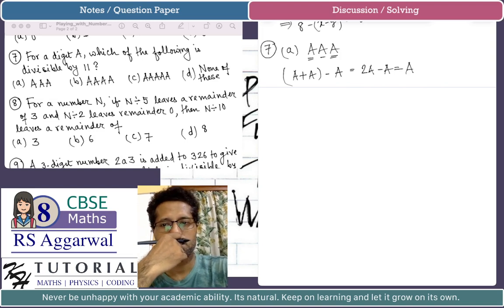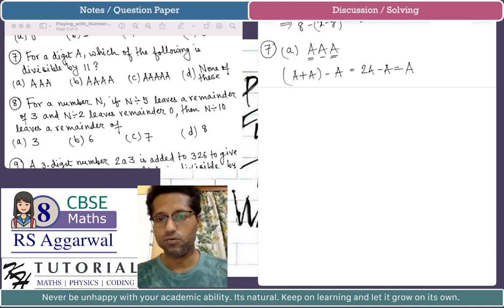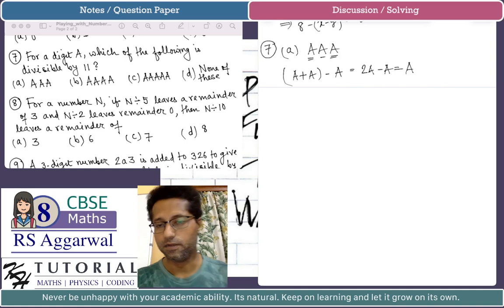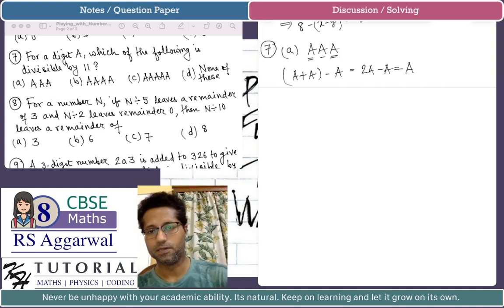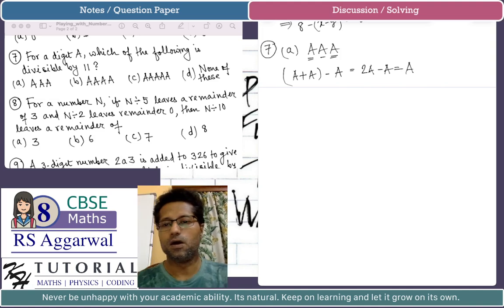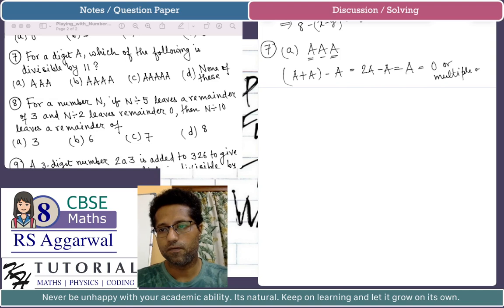Now for the choice A, the number is AAA and the difference of the sum of the digits at odd places and the sum of the digits at even places comes out to be A. Now this has to be equal to 0 or a multiple of 11.